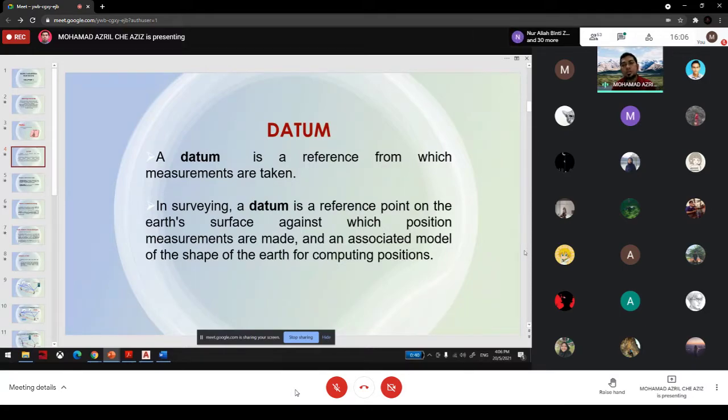Imagine you set 0. How about the orientation? You do not have a reference, so your drawing or your line observation will swing. It does not follow the orientation because you do not have the reference.